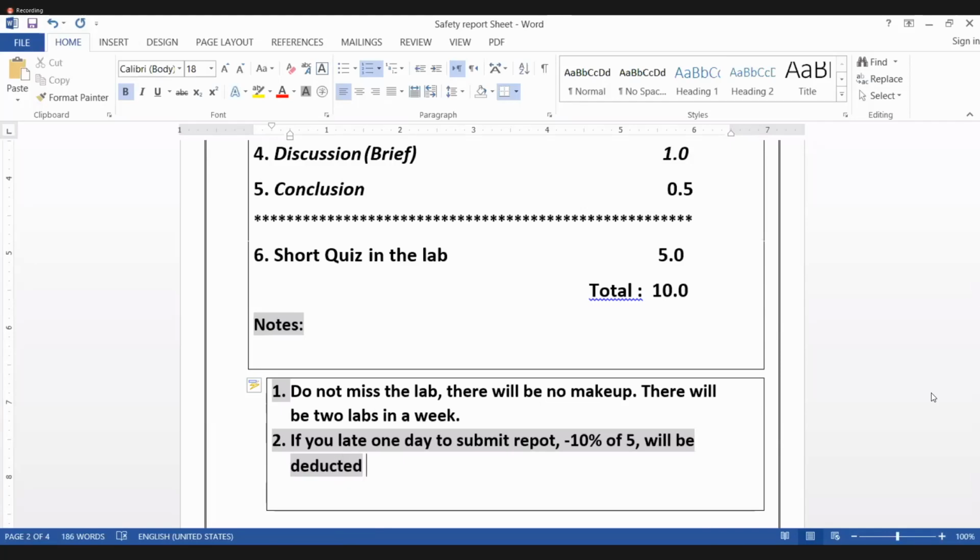That is 0.5 marks from 5. So this is the note, and don't miss the lab because there will be no makeup lab. There will be 2 labs in a week. So be careful, please, and just follow the instructions.